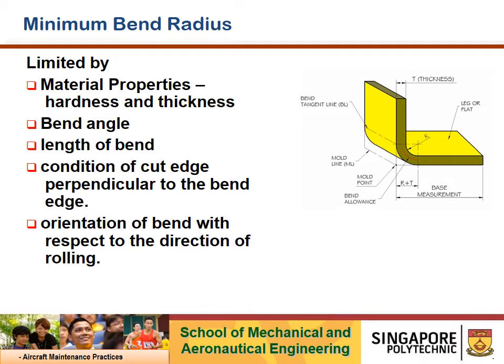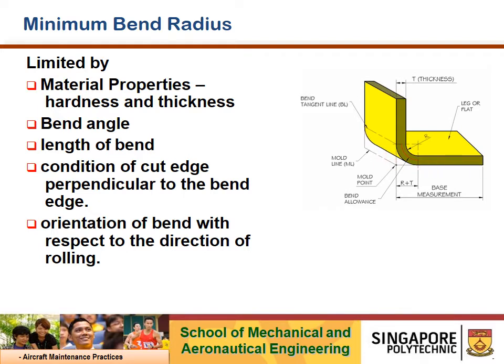So let's recap. Minimum bend radius is limited by the material properties, that is the hardness and thickness, and the required bend angle. In this case, from this diagram, the bend angle is 90 degrees. Then the length of the bend, this is the length of the bend.